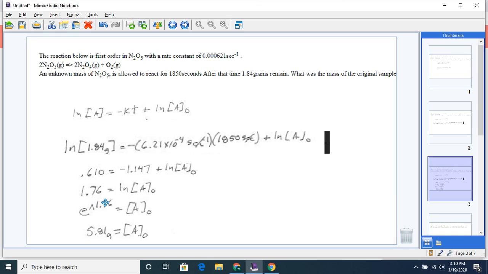We get 1.76 is equal to the natural log of the initial concentration. Now we're going to take the inverse log, which is the opposite button of the natural log button, which is e to the 1.76. That will give us the concentration of A. So the initial concentration is 5.81 grams.